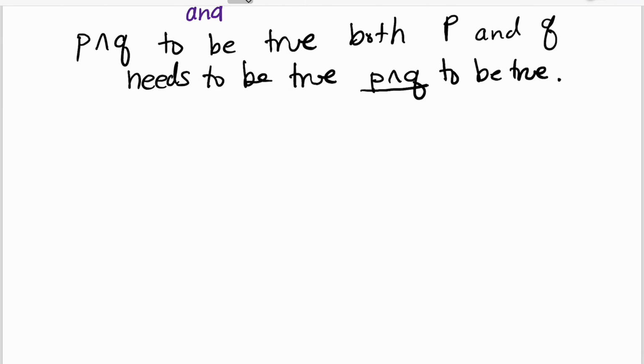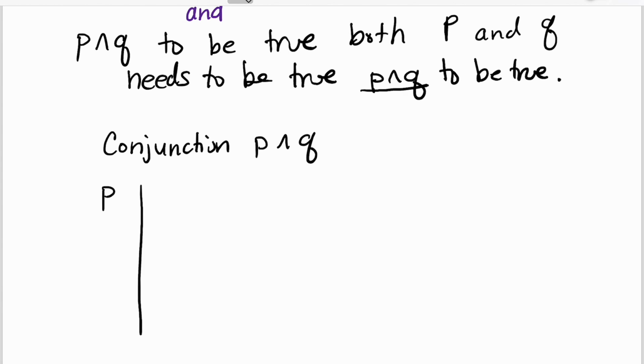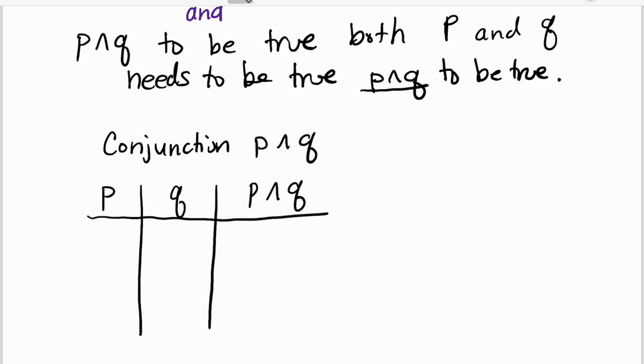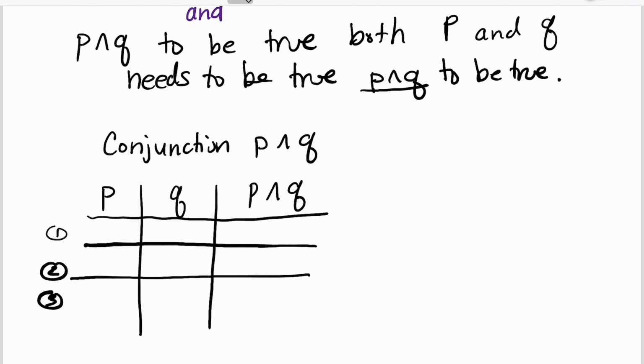Here's my truth table. This is for the conjunction P and Q. So I have P, I have Q, and then I want to look at my new proposition P and Q. Now, since I have two propositions here, I should have 4 rows. There's the first row, the second row, the third row, and the fourth row.